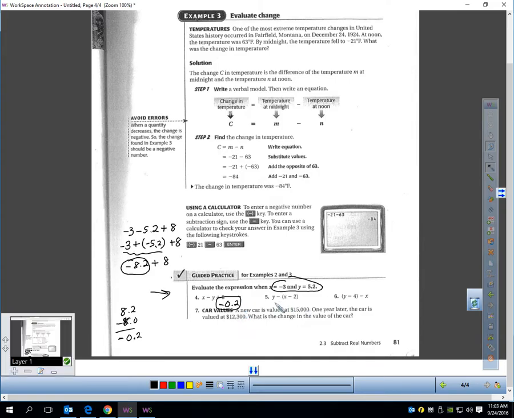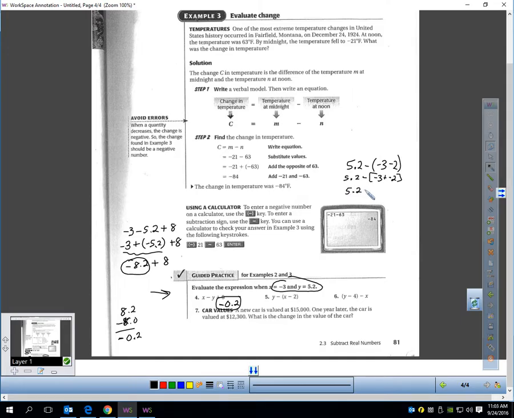Or this one. I have 5.2 minus, open parenthesis, x, which is negative 3, minus 2. Okay? Well, I've got to do it in parentheses first. I'll use the rule that I just learned. Negative 3, I'm adding the opposite of 2. Well, negative 3 plus negative 2, that should be a negative 5.